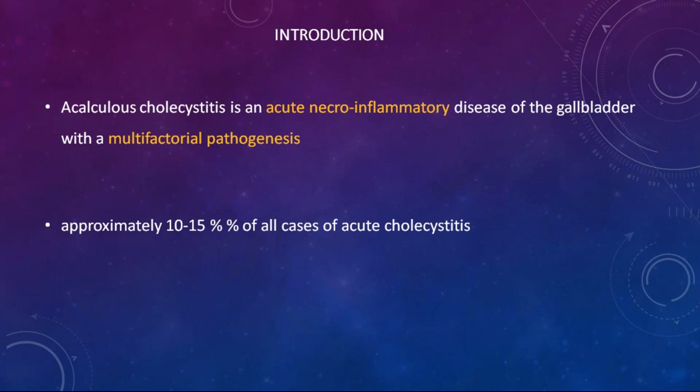More commonly, acute cholecystitis is seen in patients with clinically evident and radiologically evident gallbladder stones in most case scenarios. But about 15% of the patients can present with acute cholecystitis without any stone.